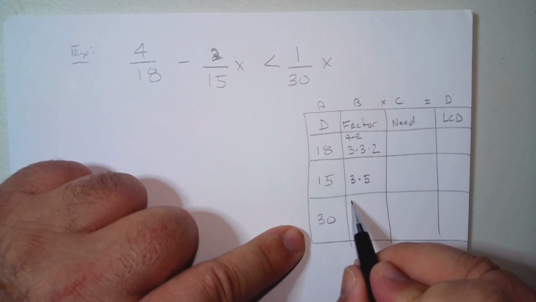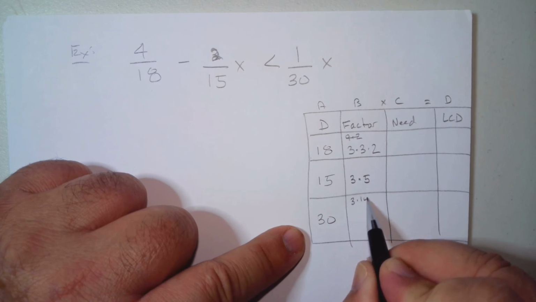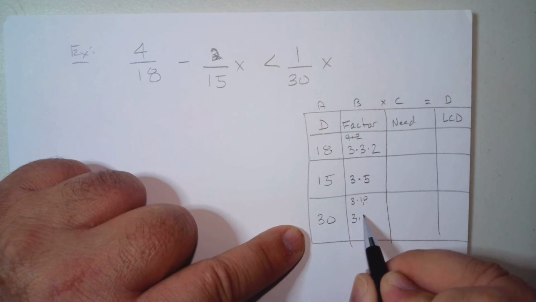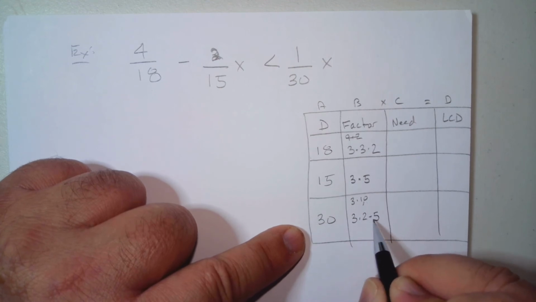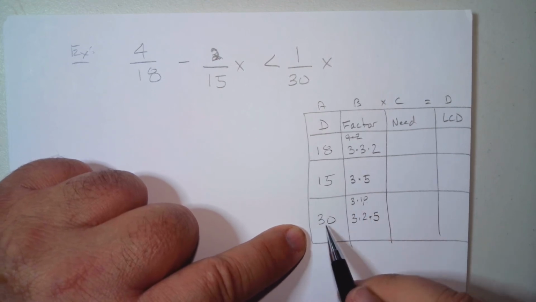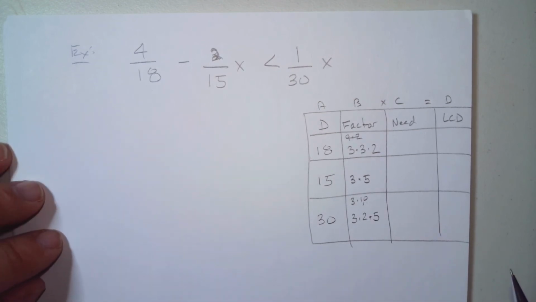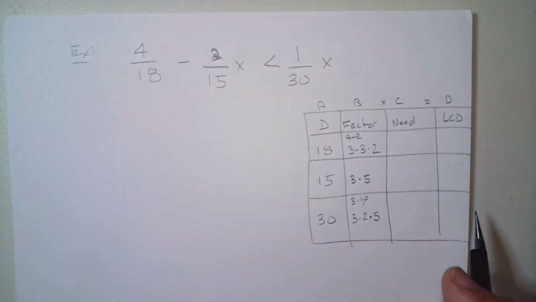And 30 is 3 times 10. 10 is made up of 2 times 5. So 30 is 3 times 2 times 5. That's the hardest part, actually.